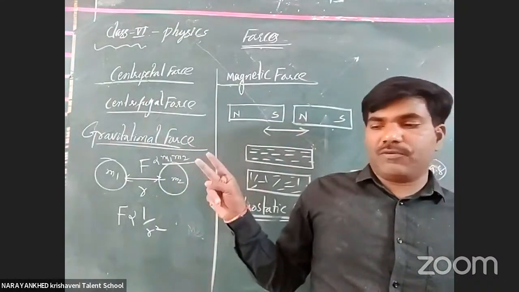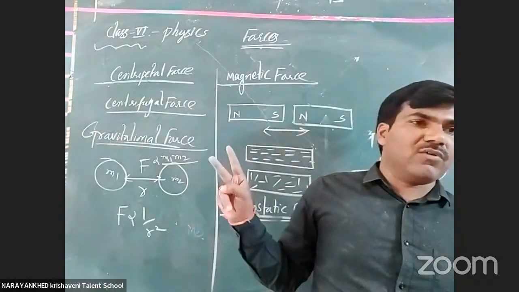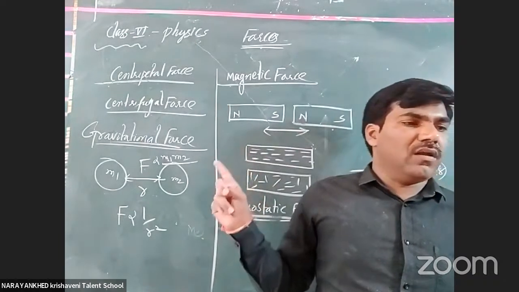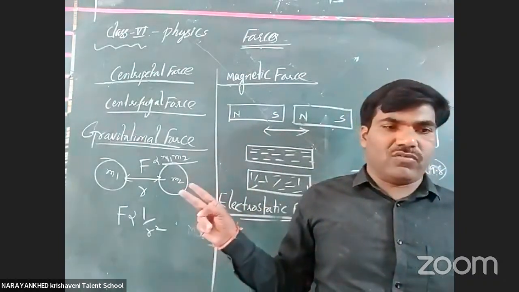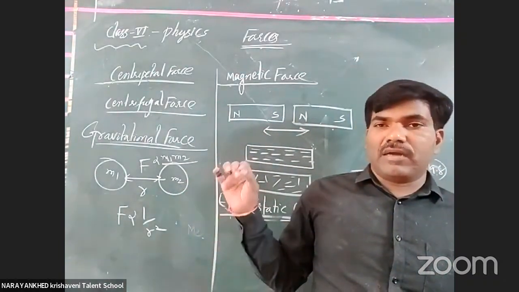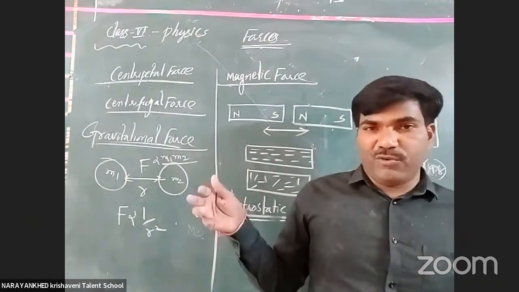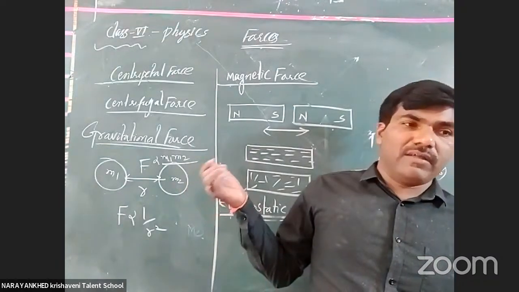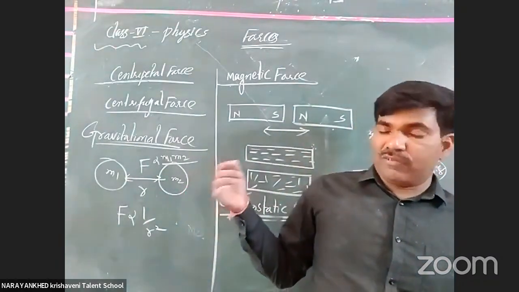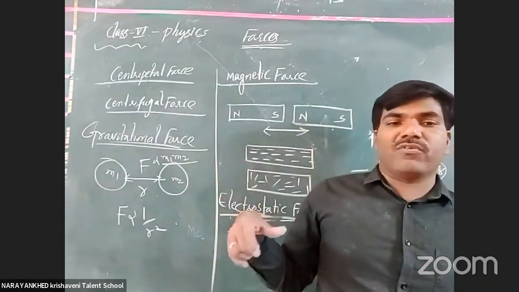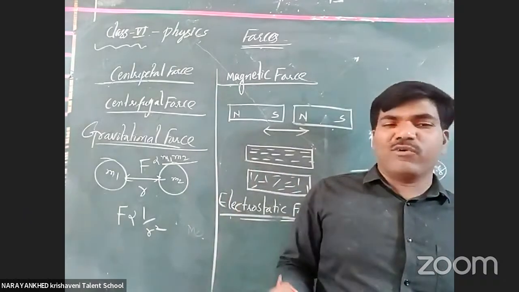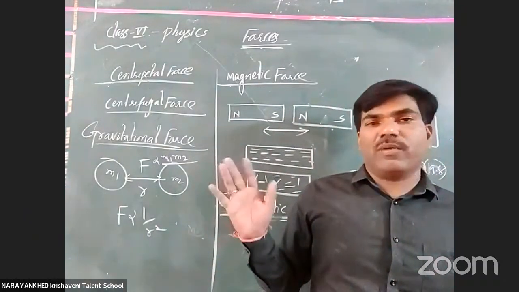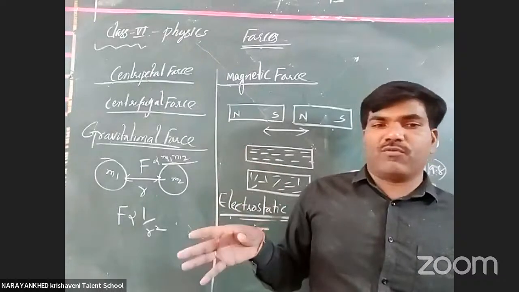There are two types of forces: one is contact forces, another one is non-contact forces. Contact forces are tensile forces, frictional forces, deformed forces, muscular forces, normal forces, and spring forces. These are what we consider contact forces.